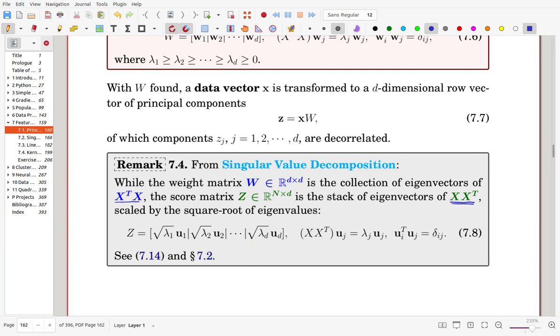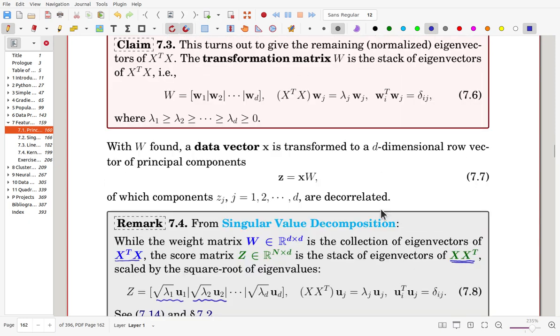So here, X transpose X has eigenvectors u_j, normalized, and then scaled by the square root of lambda_j, so that these are just scaled eigenvectors of X X transpose.